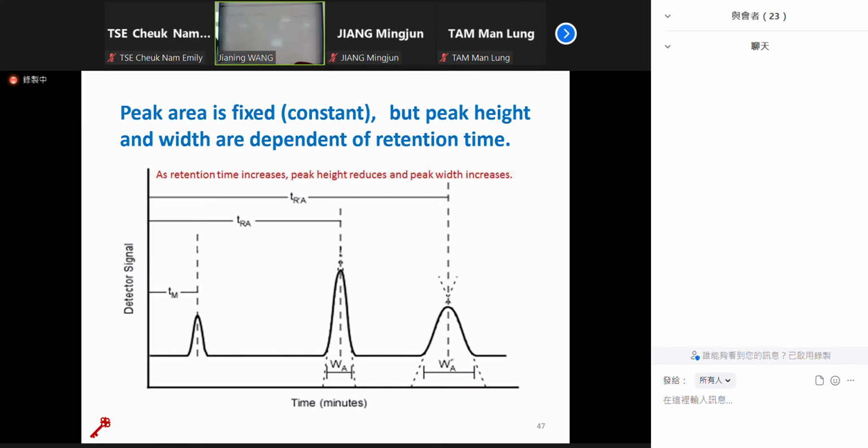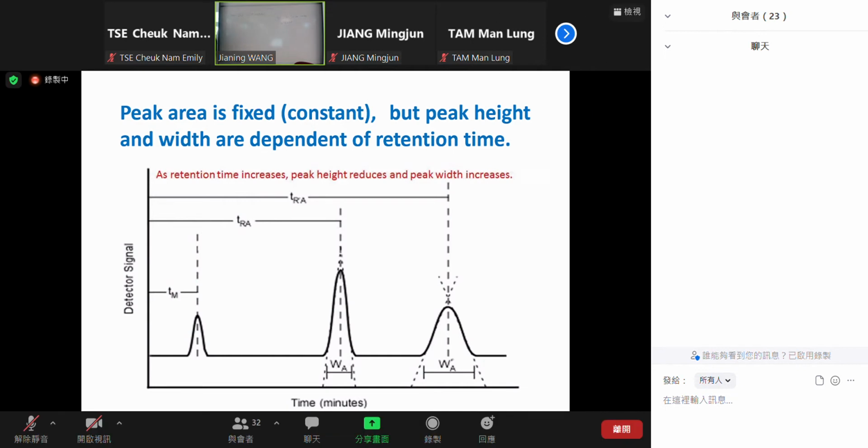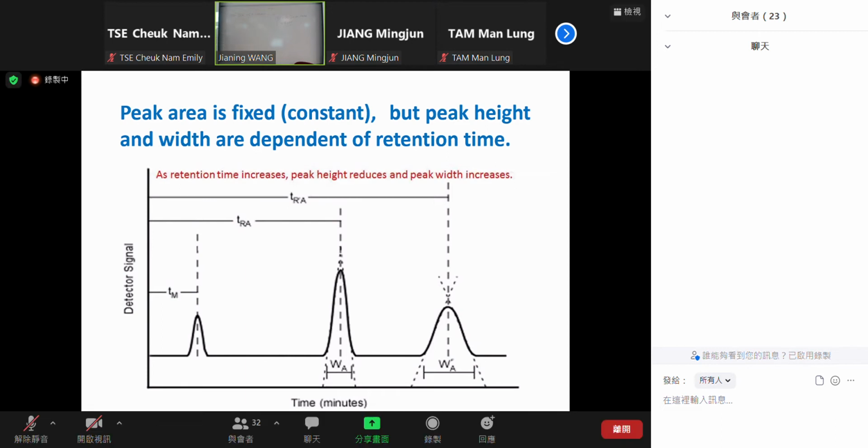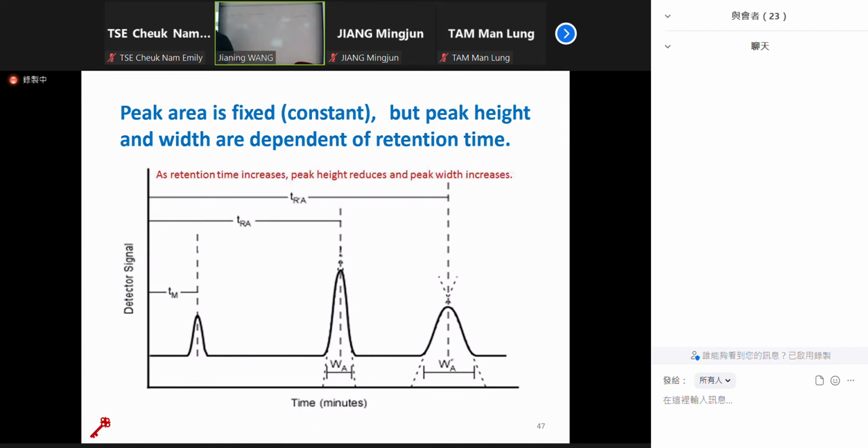The total quantity of the analyte is unchanged, because there is no chemical reaction. If we do not consider the sensitivity of the detector, we can say the area of the peak is always fixed because the total quantity of analyte is unchanged. But there is a dilution phenomenon, so the peak width and peak height are time dependent.